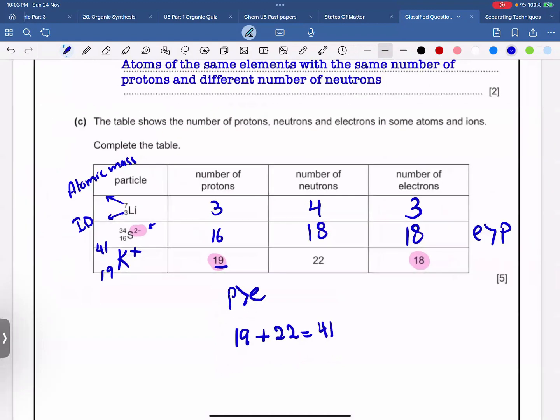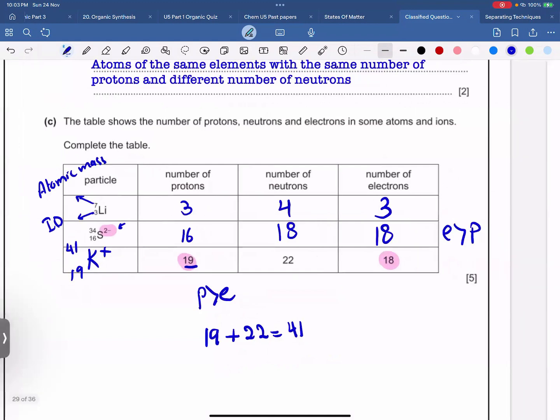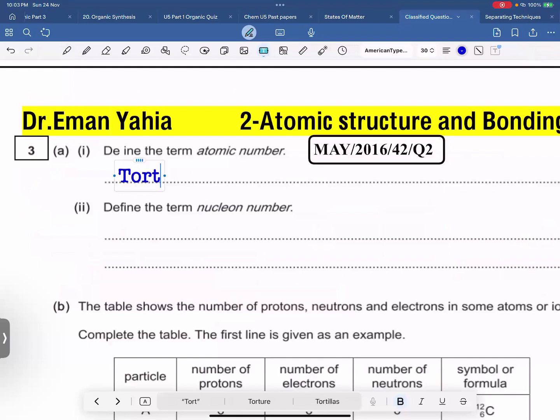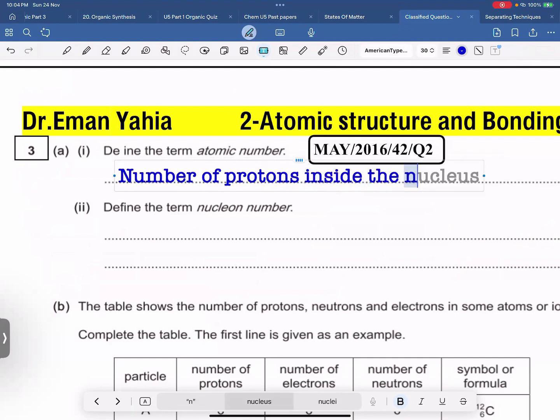Define atomic number. Atomic number is the total number of protons inside the nucleus.